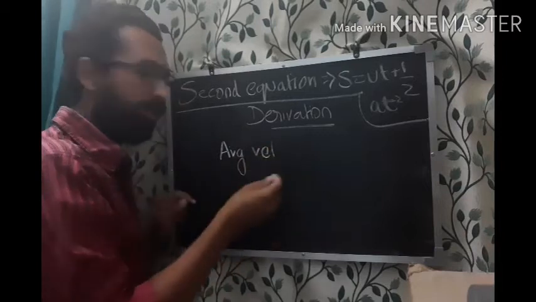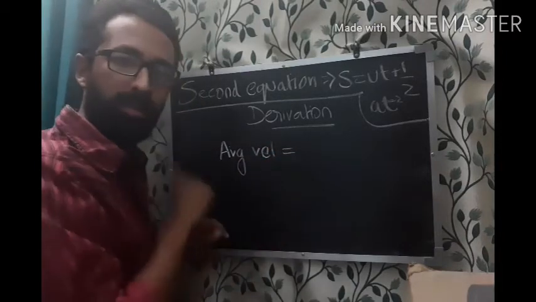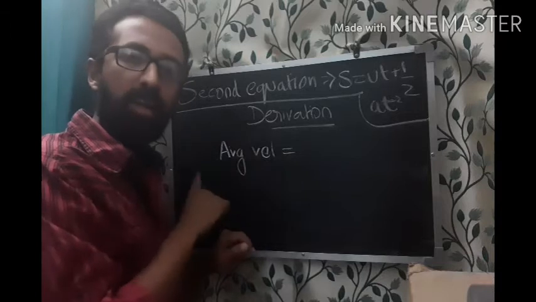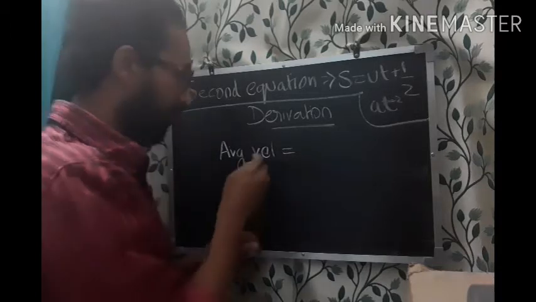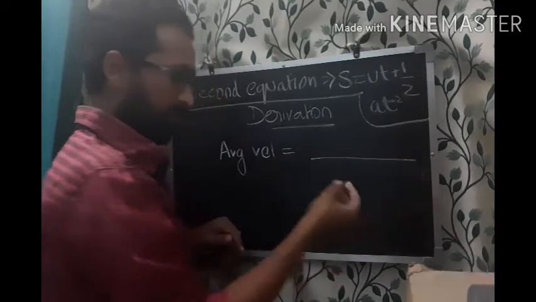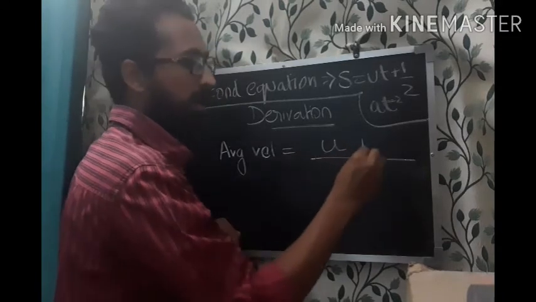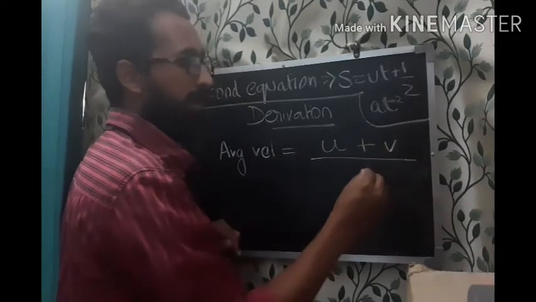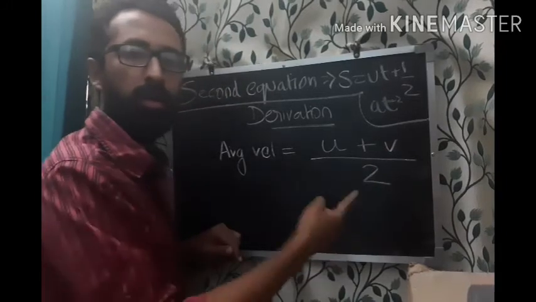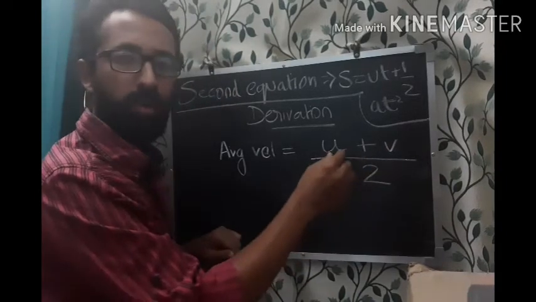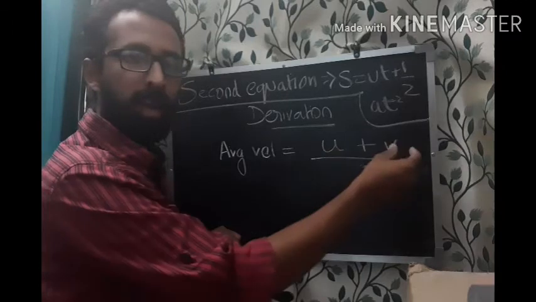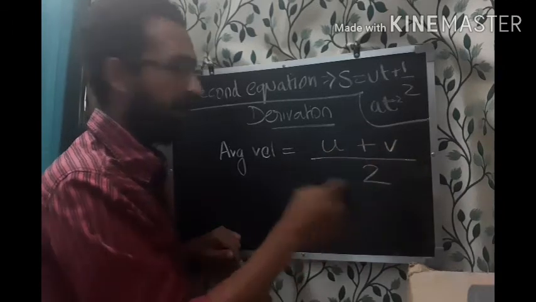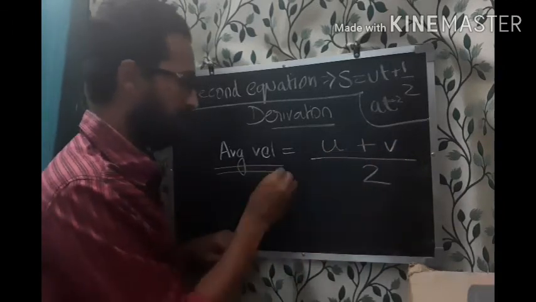The average velocity of the object will be, as we had studied for the average speed, सेम उसी तरीके से इनिशियल प्लस फाइनल अपॉन 2, that is the average of the initial speed and that of the final. That will be the average velocity.